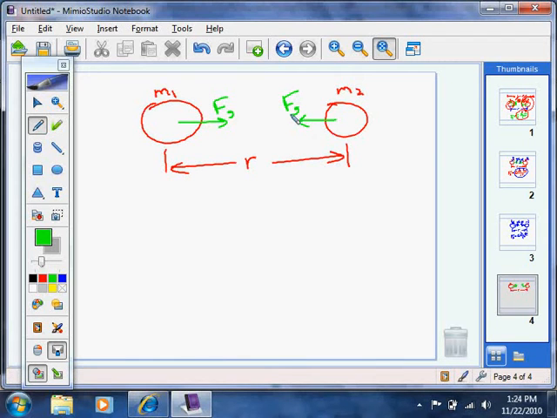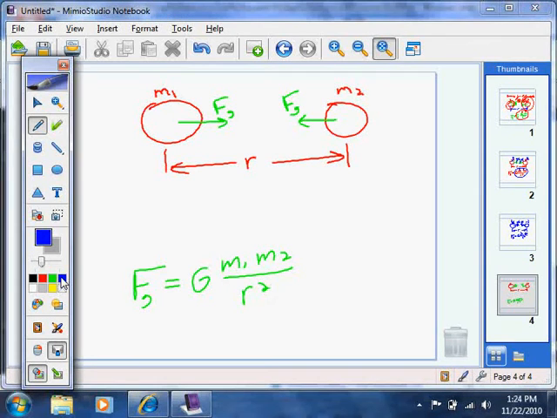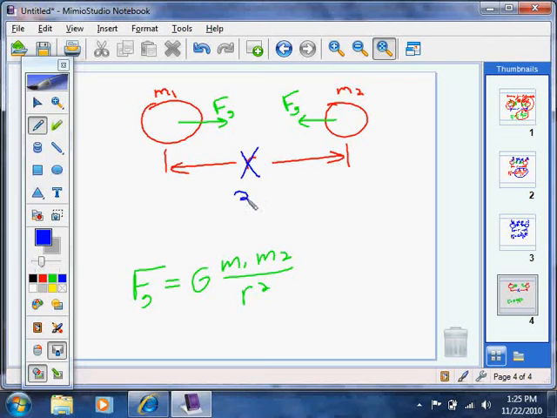Again, we know how to calculate that F sub g. Big G, m1, m2, all over r squared. But let's say we went in and we took these two masses and we moved them farther apart so that this distance now was 2r. They were twice as far apart.